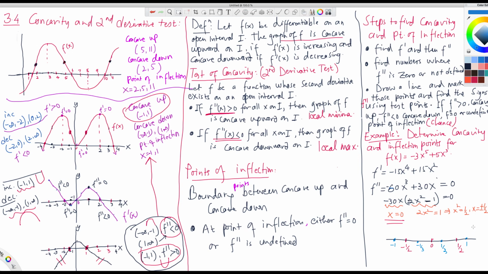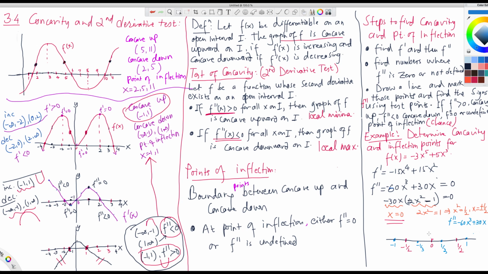What is f double prime? F double prime is equal to, you can plug in here or here, negative 60x cubed. Let me write it a little above that, so that I will have space. Okay, so f double prime is equal to negative 60x cubed plus 30x.